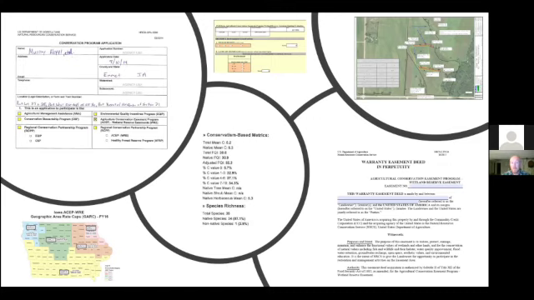So the key thing to remember here is that this easement goes with the land. It survives sale. So regardless of whether the property is sold, the easement stays on it in perpetuity. A couple of questions that we typically get when it comes to what does the landowner retain when they put land into an NRCS conservation easement? There's basically a couple main things.